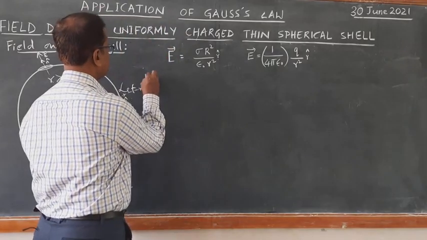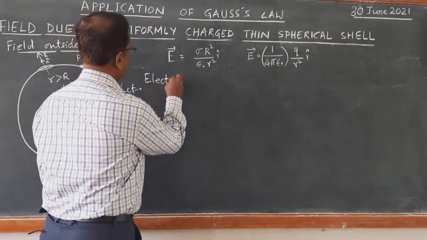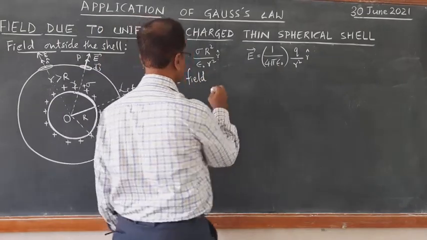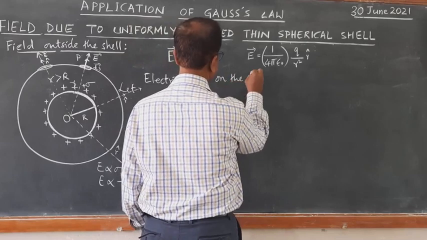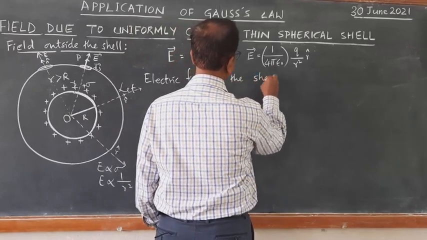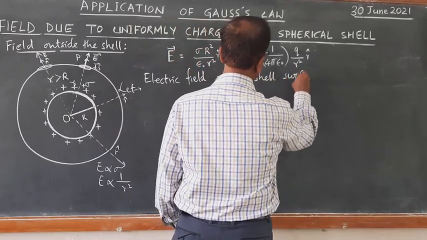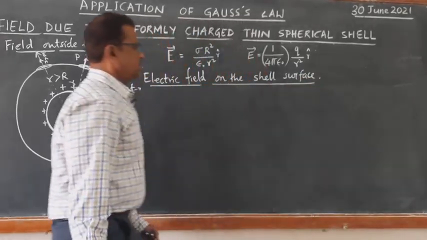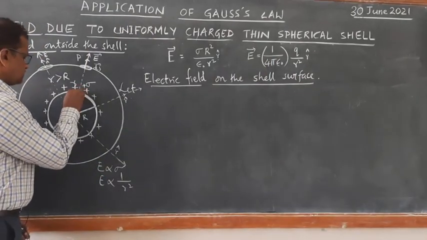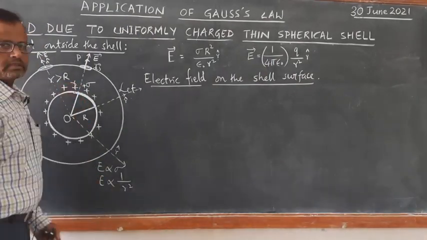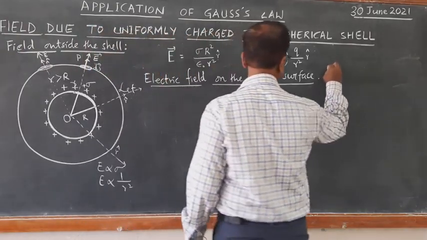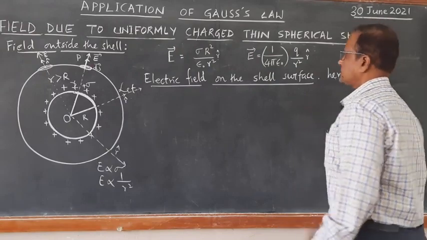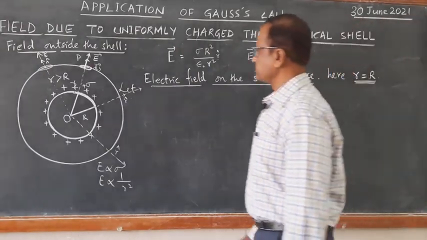Electric field on the surface. This is interesting. On the shell surface, you see the distance small r becomes equal to capital R. When small r becomes equal to capital R, a very interesting thing takes place.